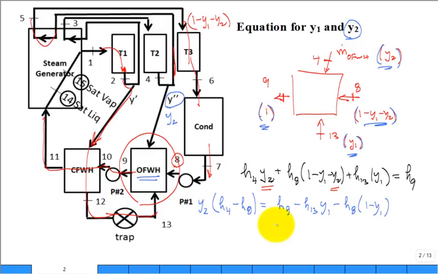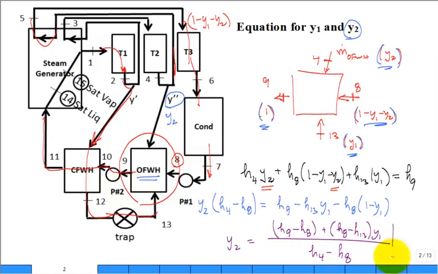You can manipulate it a little differently, but this will work. Make sense? And so what I would be looking for is Y2 is equal to, and then if you want, you could put H9 minus H8. It doesn't matter how you express it. It just has to be correct. Plus H8 minus H13 times Y1, divided by H4 minus H8.